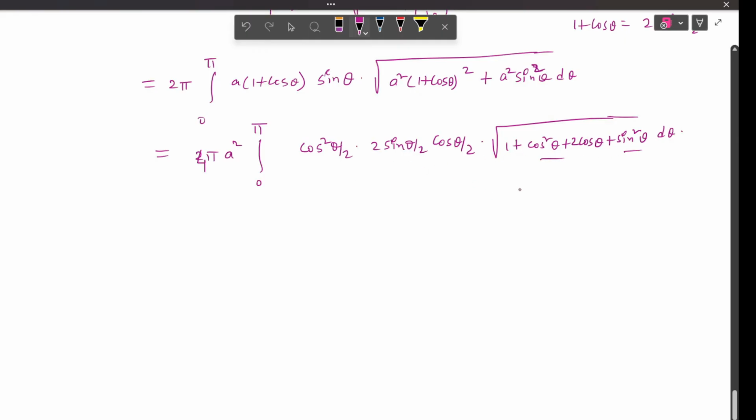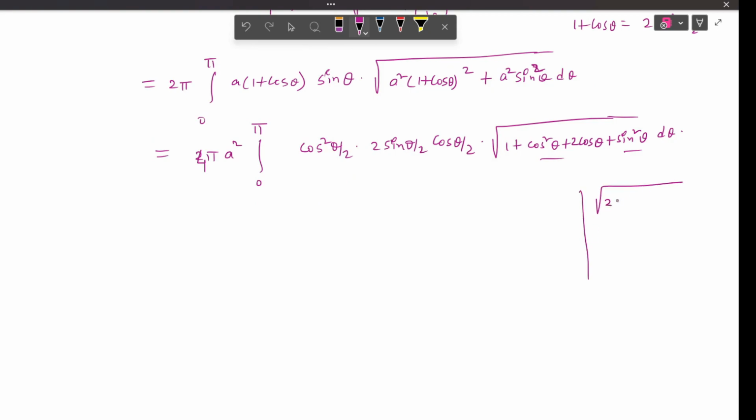If we take 2 common from this, let me solve here. If you take 2 common, it will be 1 plus cos theta. And 1 plus cos theta is 2 cos square theta by 2. So we'll have 2 cos square, 2 and 2, 4. So it will be 2 outside, cos square theta by 2, so it will be cos theta by 2. So we will have another 2 cos theta by 2. So it will be 4 multiplied by 2, it will be 8 multiplied by 2.